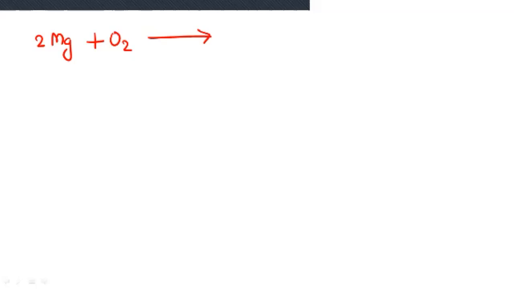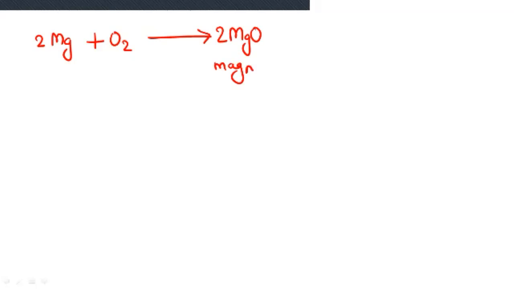Ajit is saying it is oxidation. And what will be the product, Ajit? 2MgO. Perfect. It is going to be 2MgO only, because the valency is the same in both, so they will cancel. So this is magnesium oxide.